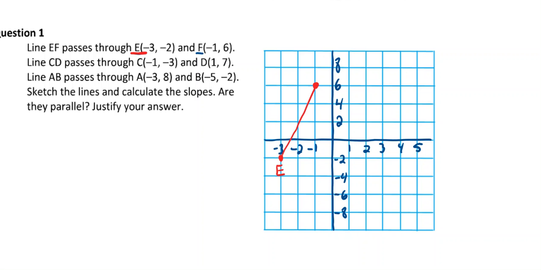And the next one, (-1, -3), that'll be right there. Sorry, I should label F on the other one. So that's F, and that'll be C. And then D is at (1, 7), so right there.